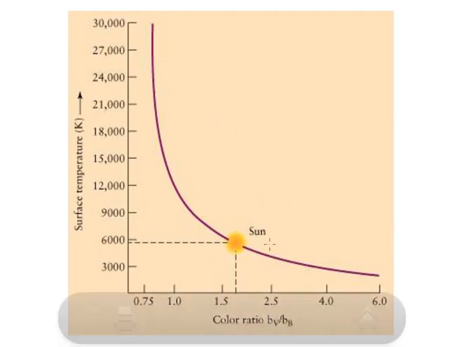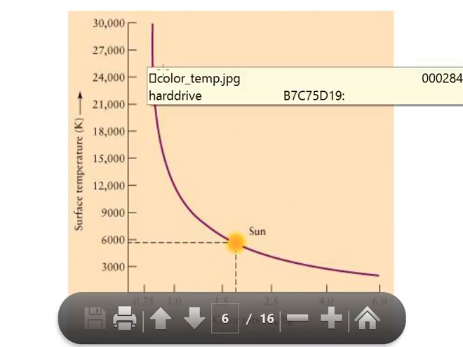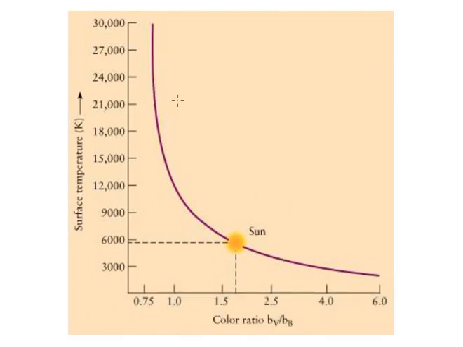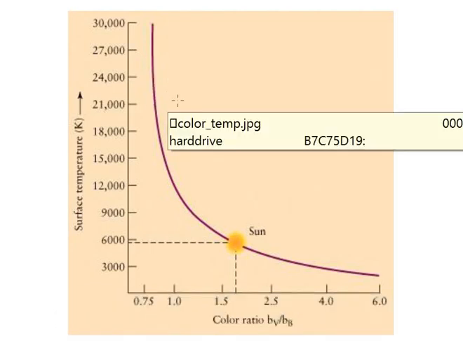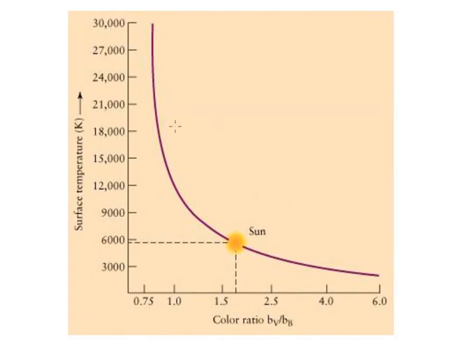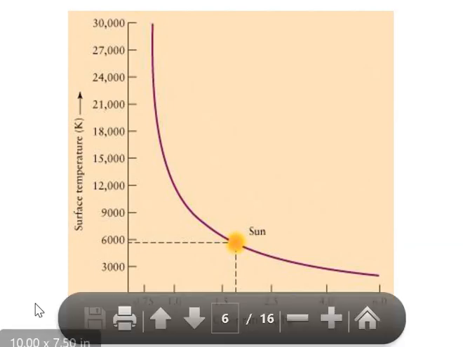But there is a problem with the graph. If you note closely, you will see that the star colors we can indeed calibrate to temperature, but we lose the sensitivity above say 12 to 15,000 Kelvin when using the visible light colors.